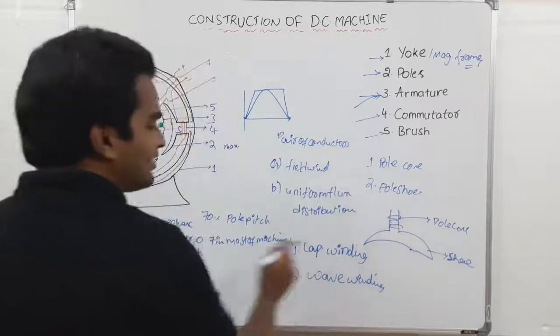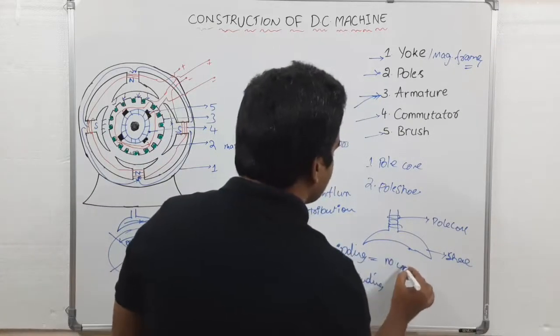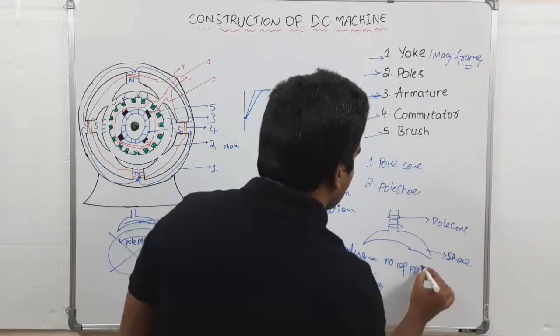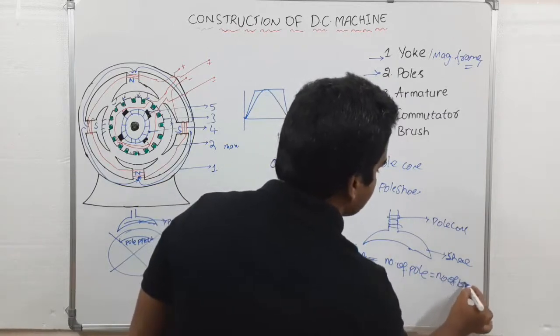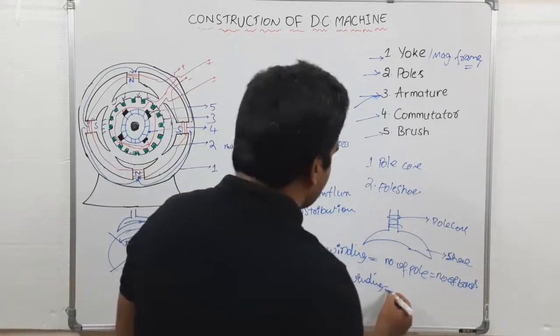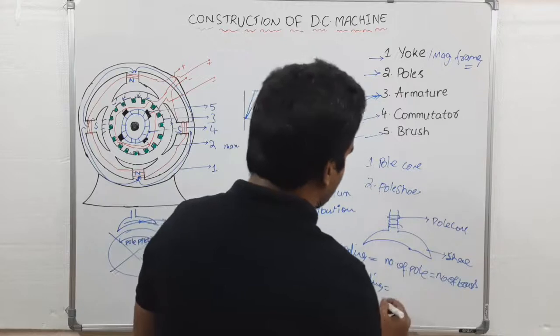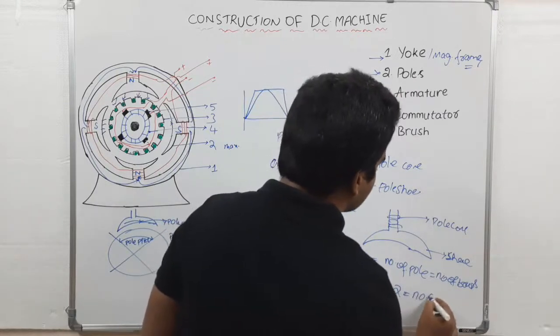The number of parallel paths in lap winding is equal to the number of poles, which is equal to the number of brushes in lap winding. If it is wave winding, the number of parallel paths is equal to 2, which is equal to the number of brushes.